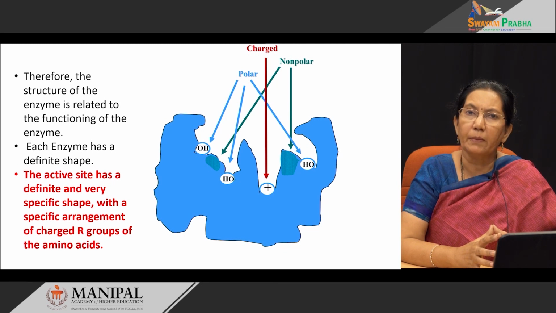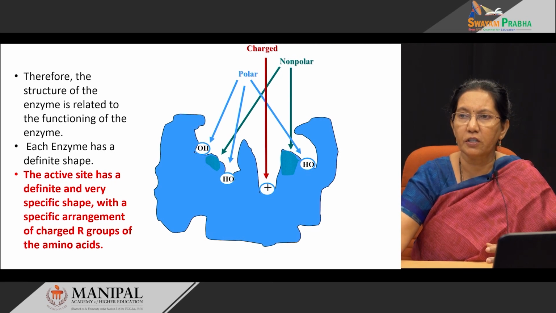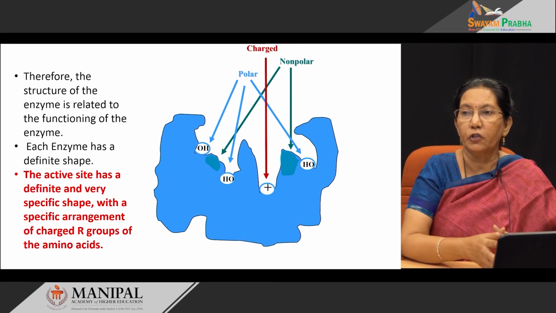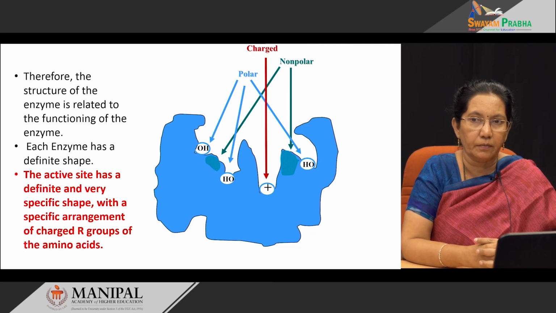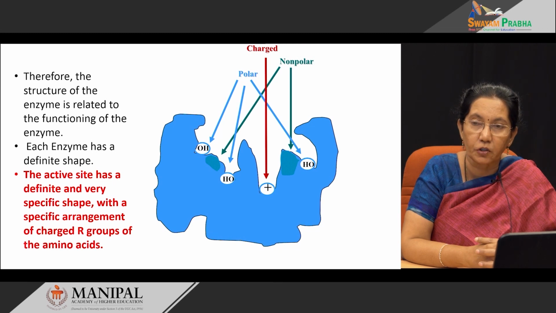It is also important to realize that there are several charges in the active site. These charges, which you can see, may be positive or negative. Where do these charges come from? These charges come from the R groups of the various amino acids which make up its primary structure.